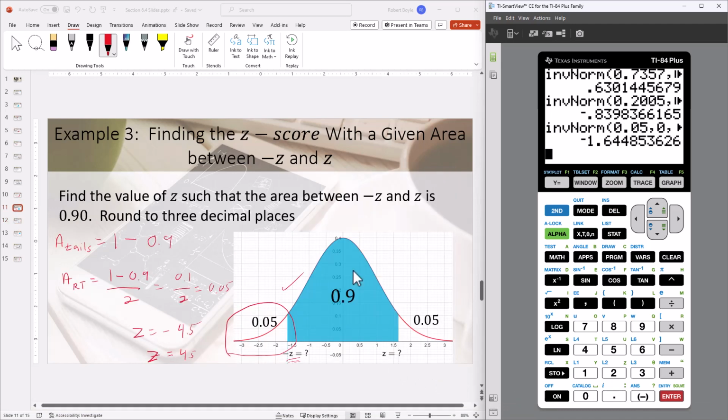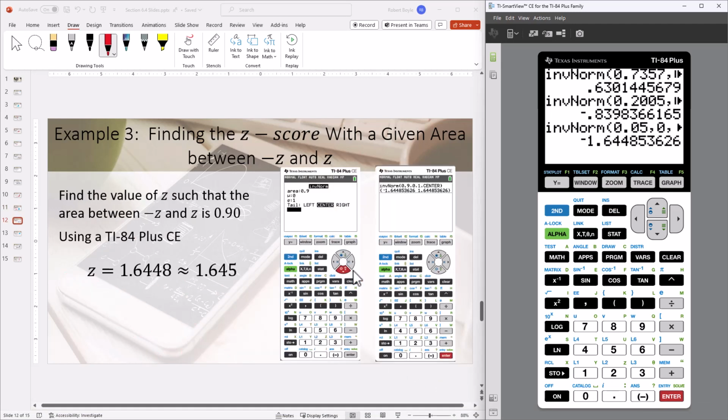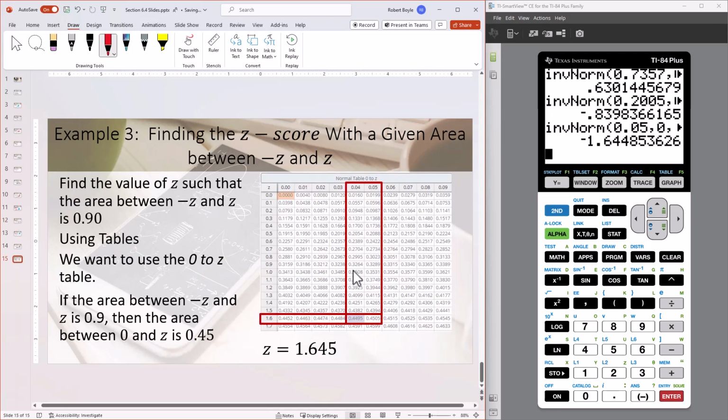I get an answer of negative 1.6448. Of course, I don't want to deal with the negative sign, just get rid of that. That gives me this, and since I'm rounding to 3 decimal places, we will round up to 1.645.